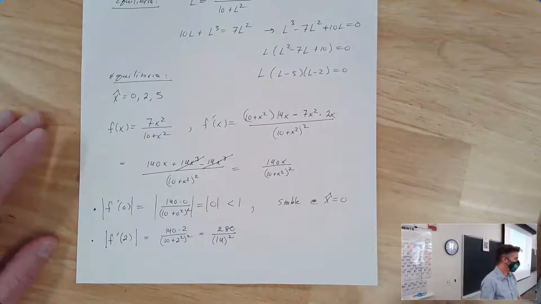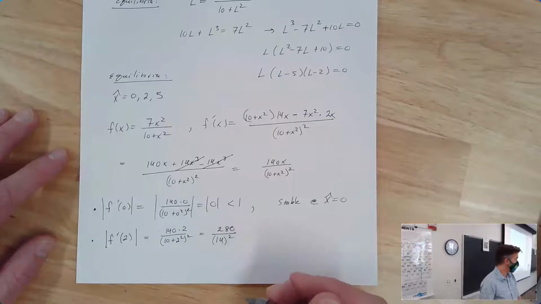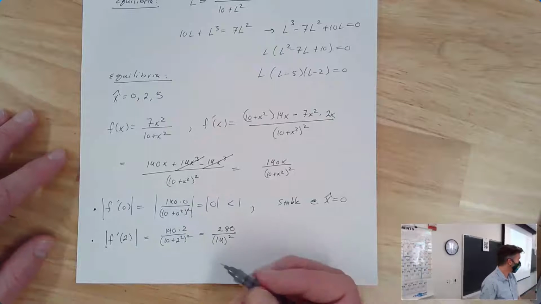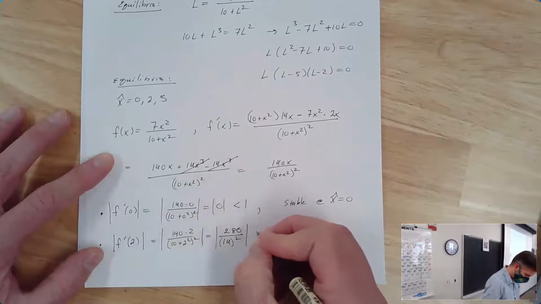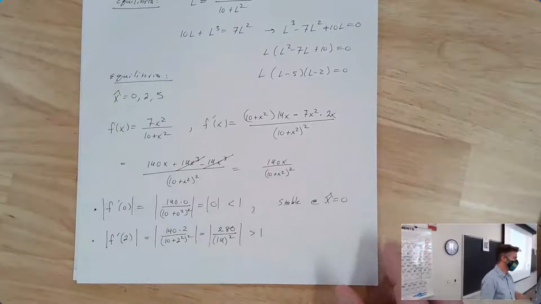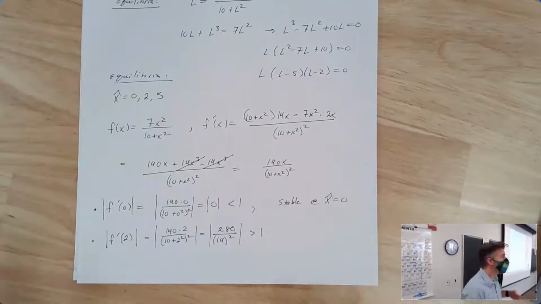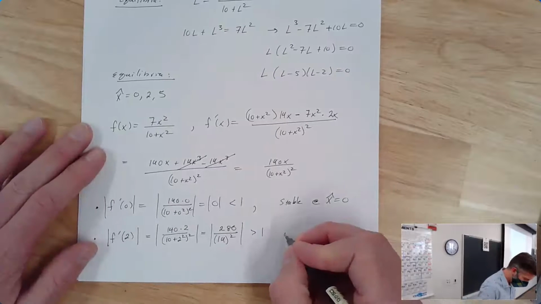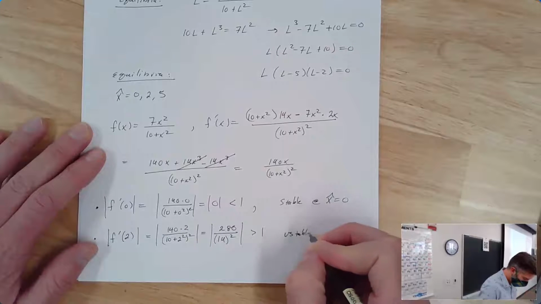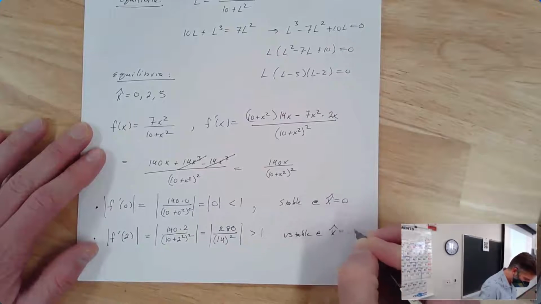I don't know 14 squared off the top of my head, but I do know 15 squared is 225. So 280 is definitely bigger than 14 squared, which means this is bigger than 1. You can use numbers that are easier to figure out if you're not sure, or you could just use a calculator. But that's definitely bigger than 1, so it is unstable at this value.